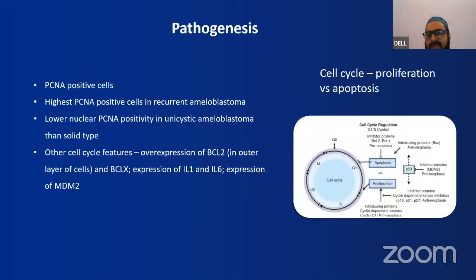Now, briefly about the pathogenesis. If we look at the cell cycle in all the odontogenic tumors, the most important phase is the transition from the G1 to S phase. If there are genetic alterations in the oncogenes in this stage, it can lead to either proliferation or apoptosis.